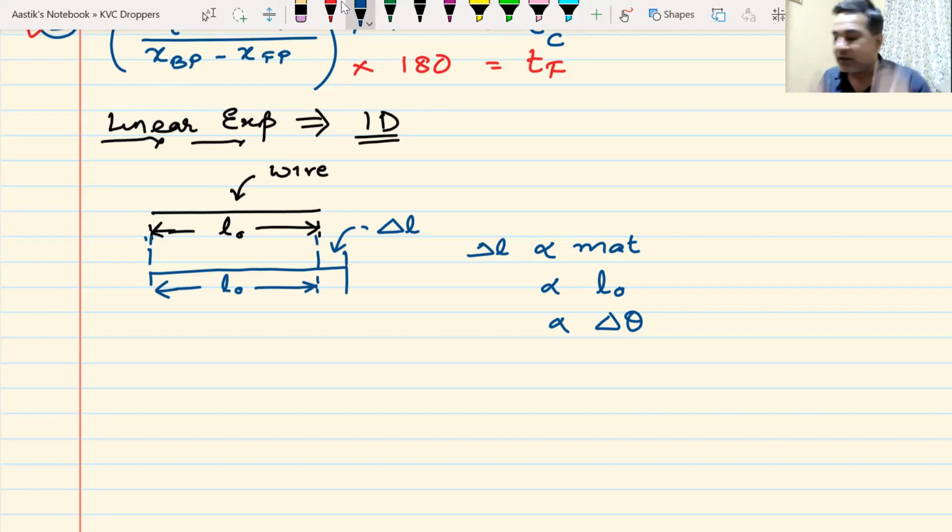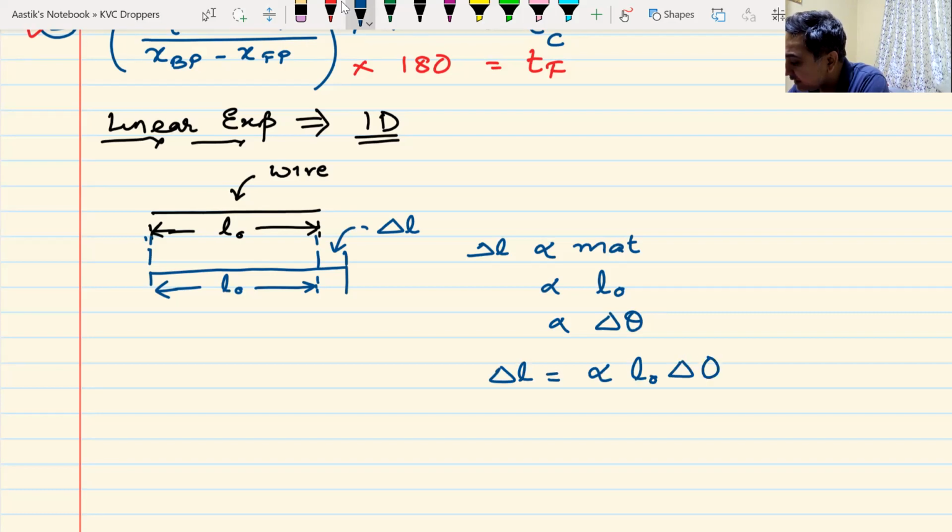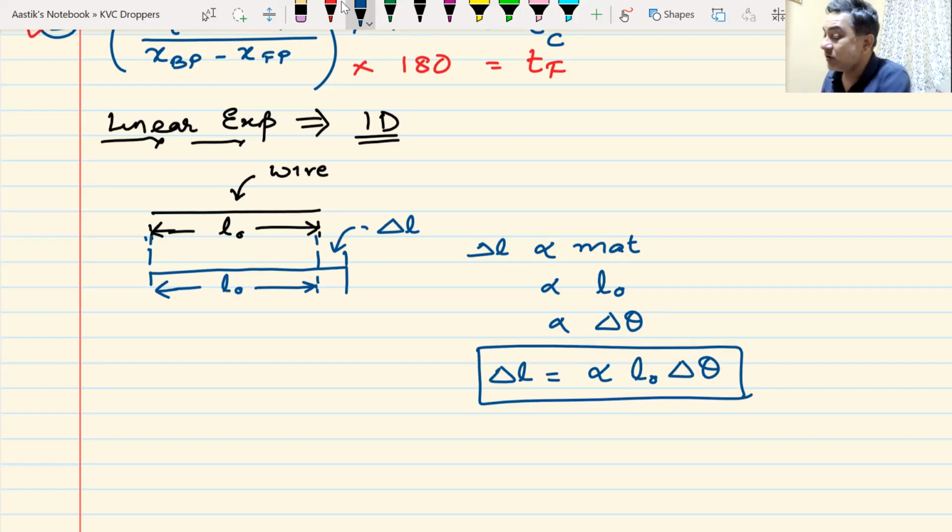Now, if I keep all these things together, I can write a simple formula. Delta L will be equal to alpha into L naught into delta theta. I hope you can see this formula. Alpha into L naught into delta theta.